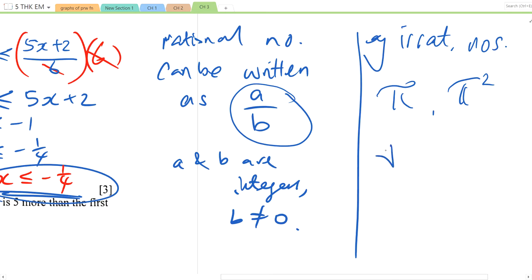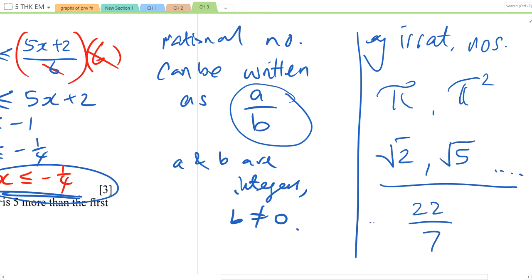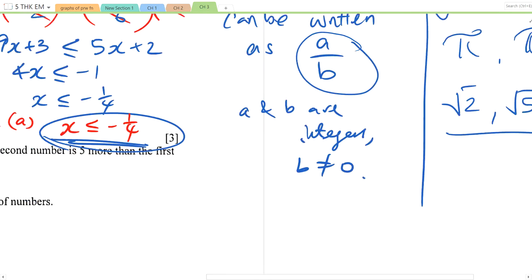Square root 2, yeah. Square root 2, square root 5. All these are irrational numbers. You cannot put them in a fraction. Hey, do you remember in primary school you learned that pi is 22 over 7? Is it correct? No, it is not correct. They cannot say pi is equal to 22 over 7. It is approximately 22 over 7. So pi is not a rational number.